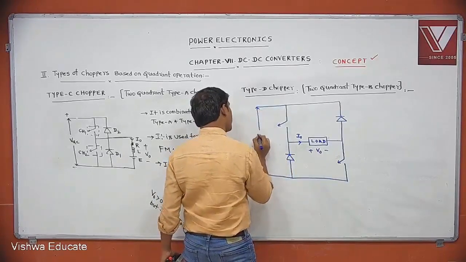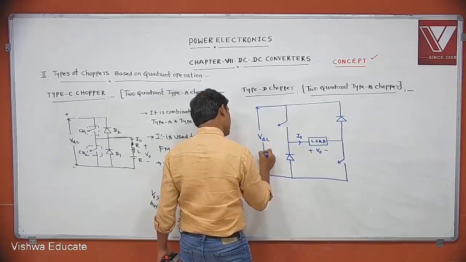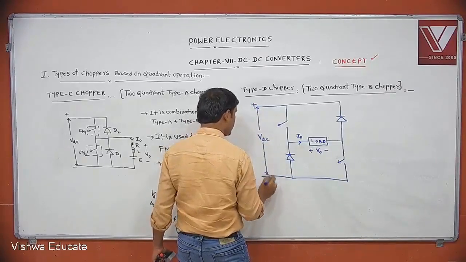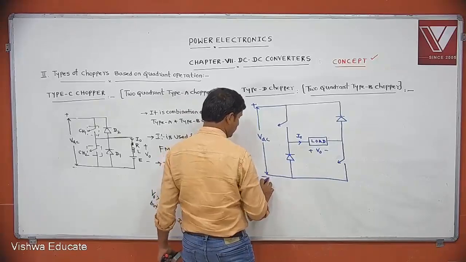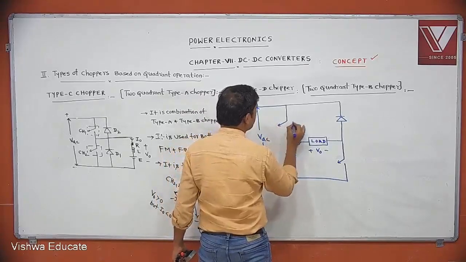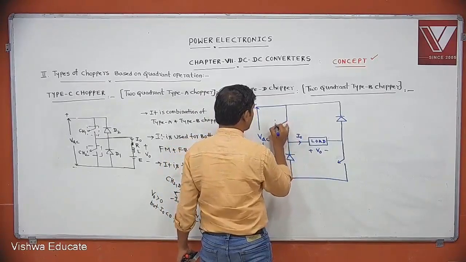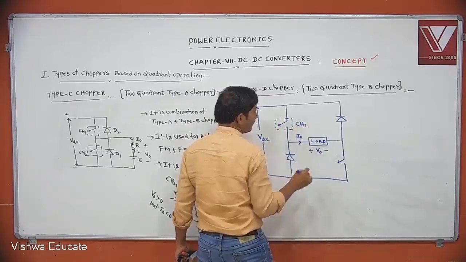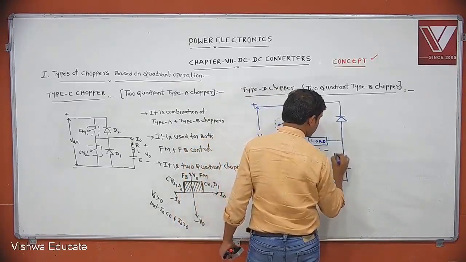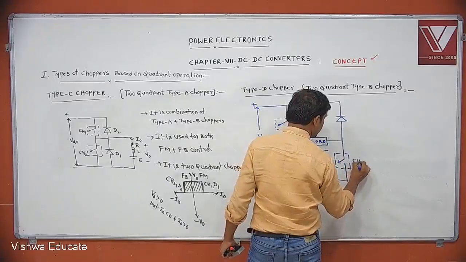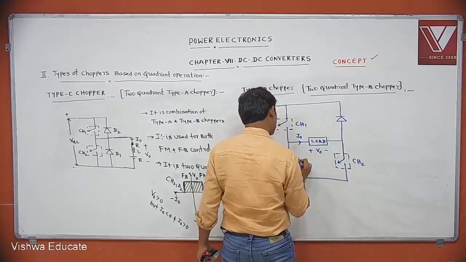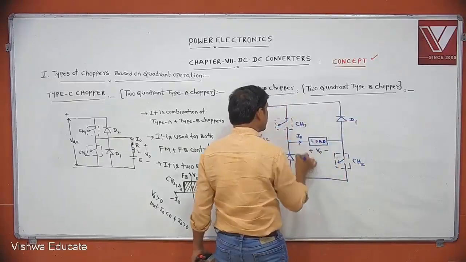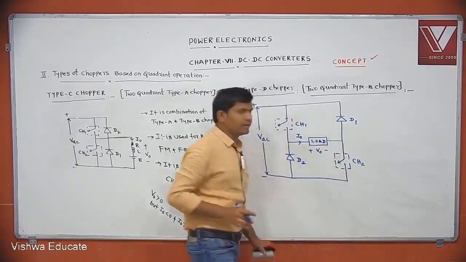VDC, that is plus minus V. This is CH1, this is CH2. This is D2, this is D1. This is the assumed current direction and assumed voltage polarity.